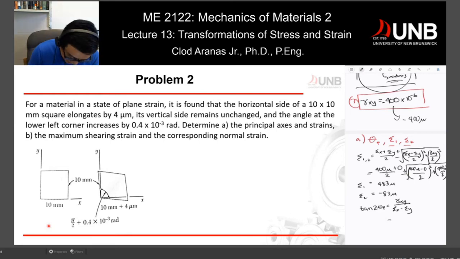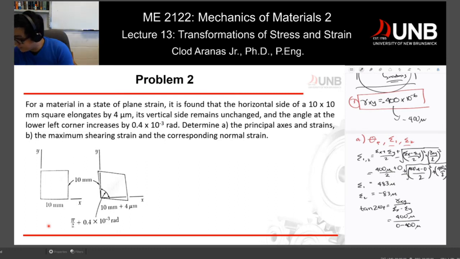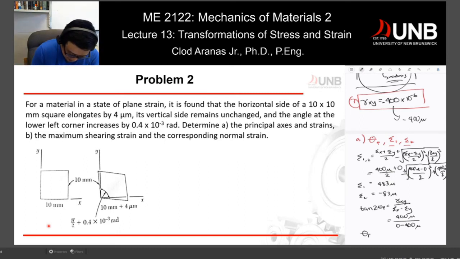So you have negative 400 right here over 0 minus epsilon y, and you will get a value of theta sub p equal to negative 22.5, which means the rotation you need is clockwise. So this is a clockwise rotation of 22.5 degrees. That would be your theta sub p.